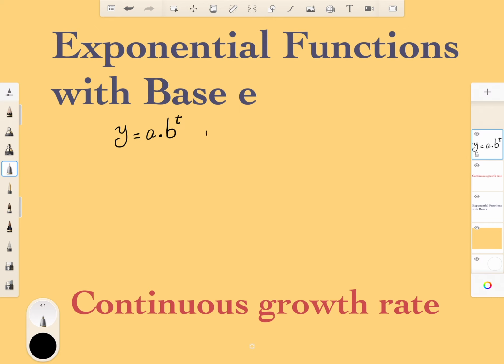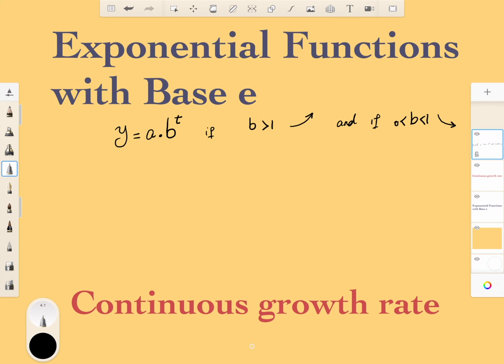We know if b is more than 1, the function is increasing, and if b is between 0 and 1, the function is decreasing or decaying.